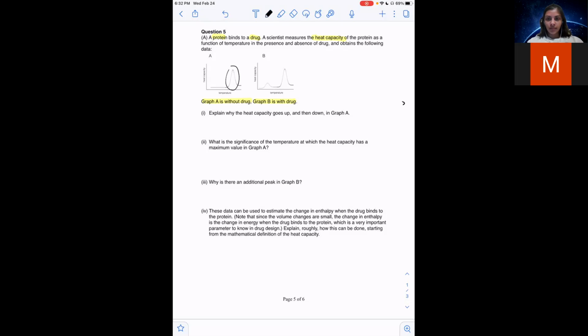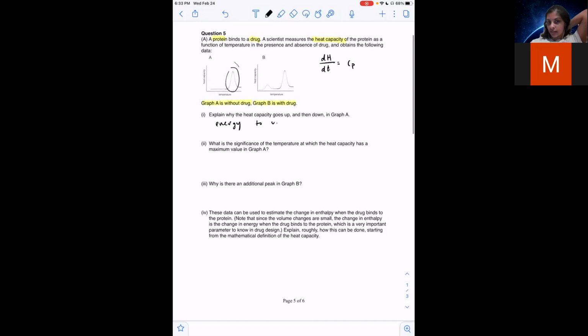I guess I could start with writing down some useful equations. So we have dH/dT is equal to the specific heat. And then if we do separation of variables and take the integral, we'll know that H is the integral of this curve right here, curve A. So basically what that's telling us is that we need energy to unfold the protein before we can start.